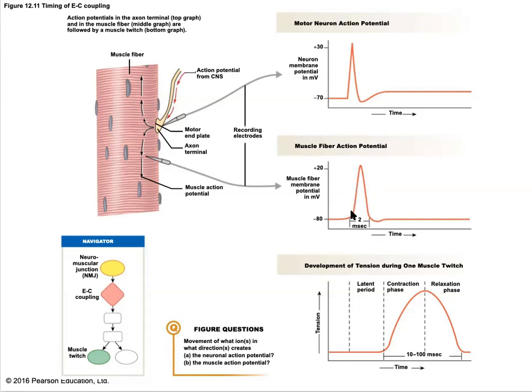However, when we compare the timing of the muscle fiber action potential to the development of tension during a muscle twitch, we see that there is a latent period, which is the delay between when the action potential begins and when the tension begins to develop in the muscle. This delay represents the time required for calcium release from the sarcoplasmic reticulum, as well as binding to troponin.